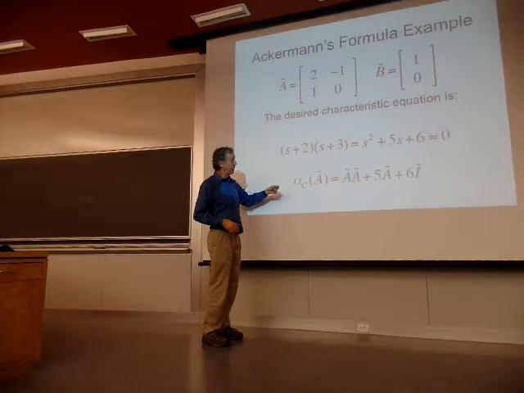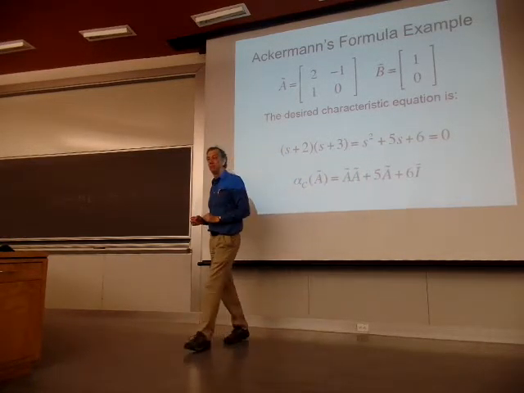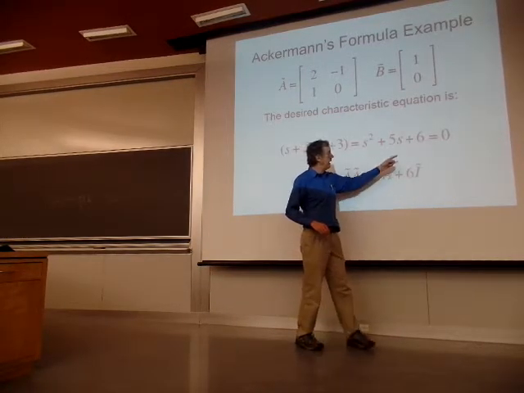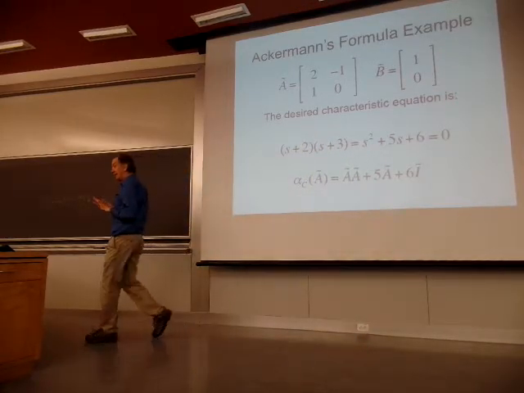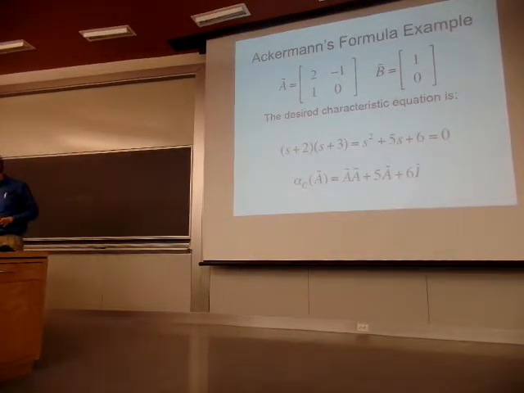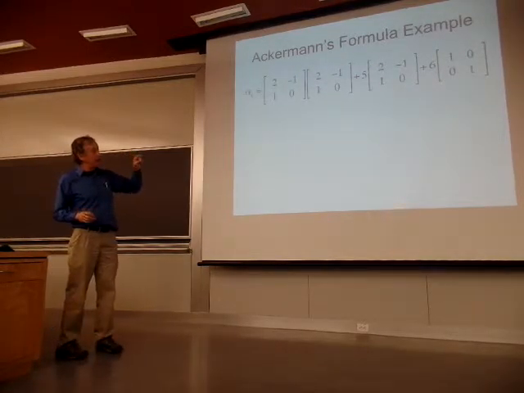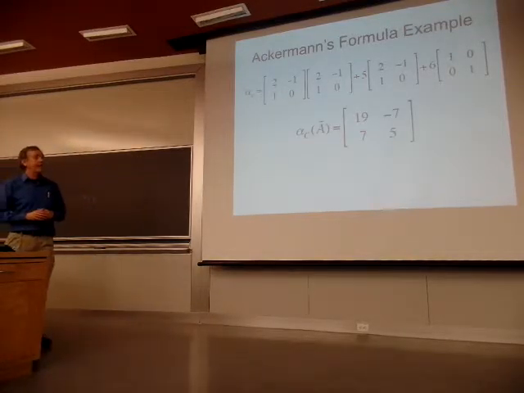Writing this desired characteristic equation, instead of the s's, I'm putting in the A's. So instead of s squared, A times A, 5 times A, and instead of 6, 6 times the identity matrix. Okay? That's the Cayley-Hamilton theorem. We can do that. So I did that to find alpha, which is A times A, 5 times A, 6 times the identity matrix. It's that.